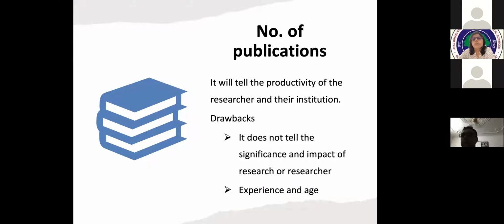So what does the number of publications tell? It will tell the productivity of a researcher and their institute. However, just counting how many publications an author has has certain drawbacks, because it will not tell the significance and impact of the research or researcher. For example, imagine I have 100 publications, but my co-worker has only 30 publications.